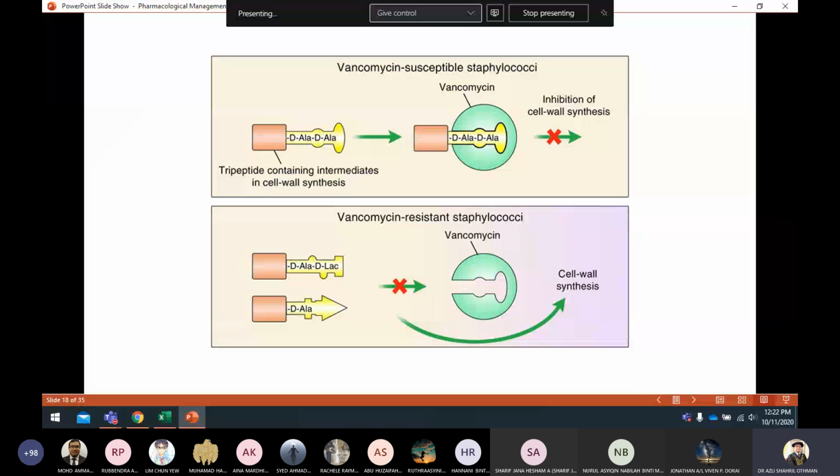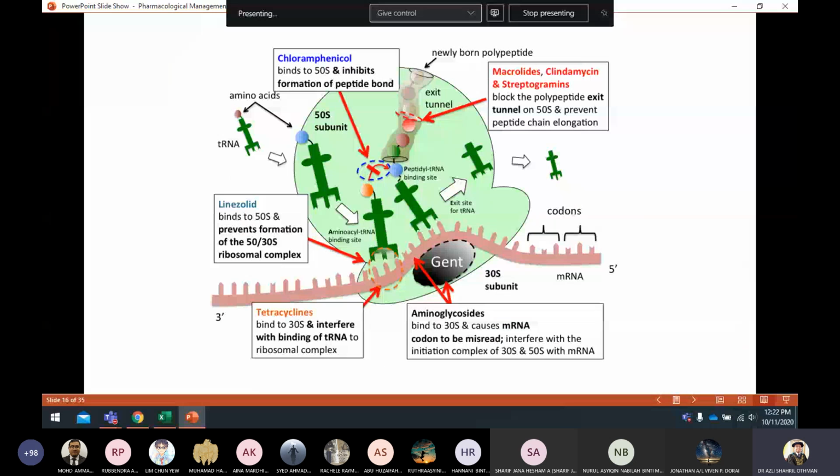So this is a problem with vancomycin. Even vancomycin that is supposed to be able to treat a lot of organisms is now having problems of resistance of its own. So you can see there at the bottom, vancomycin resistant staphylococci.